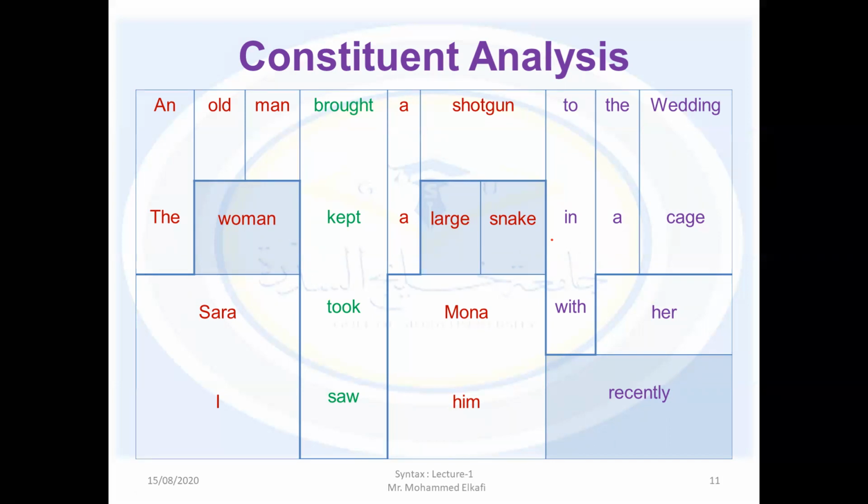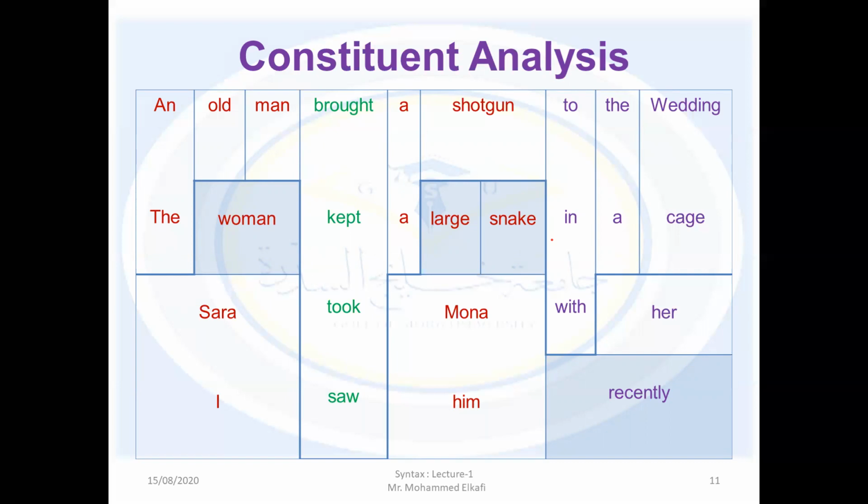So this is their main function, they are used instead of nouns. So we can call them also noun phrases. When we talk about pronouns, we can say they can be used as noun phrases.